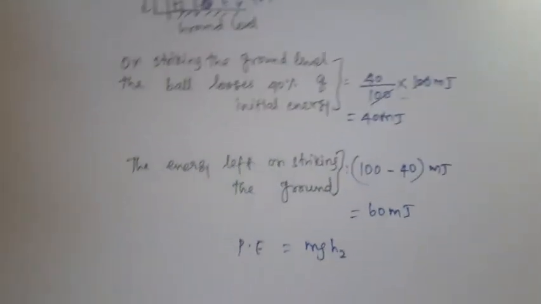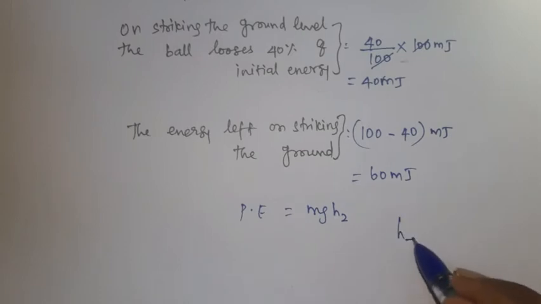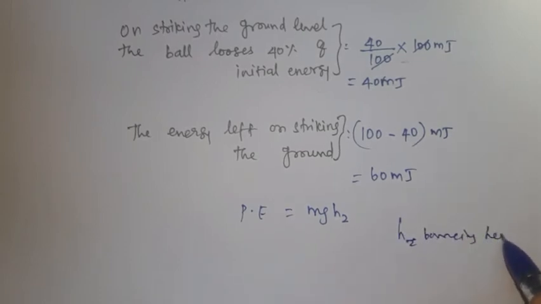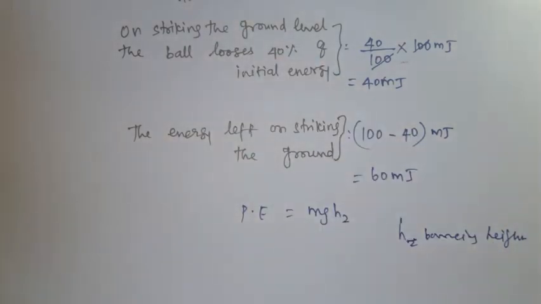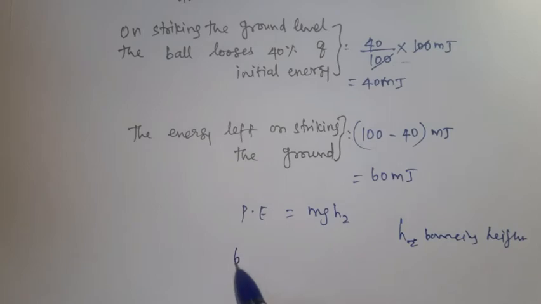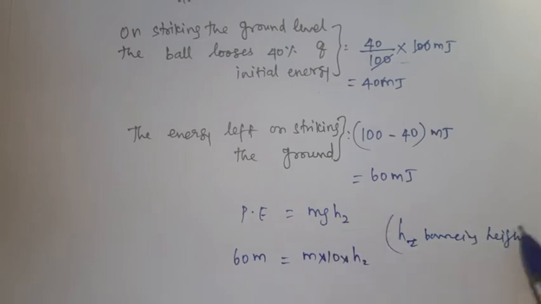This is the bouncing height after striking the ground. So potential energy 60 m is equal to m g, acceleration due to gravity is 10, then h2, the bouncing height.